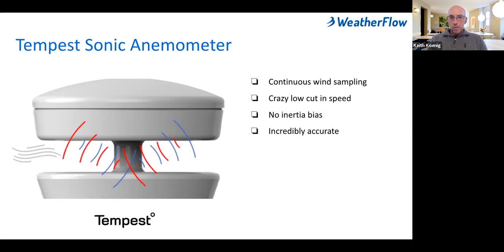You can have a very low cut-in speed, as opposed to a spinning anemometer, which takes some minimum velocity of wind to even get it going. A sonic anemometer takes an instantaneous sampling of wind. In our case, a lot of times down to 0.2 miles an hour cut-in speed. Our sonic is sampling wind continuously, reporting wind every 3 seconds.